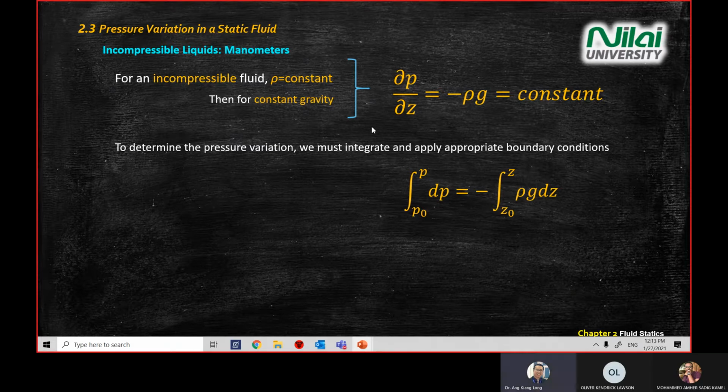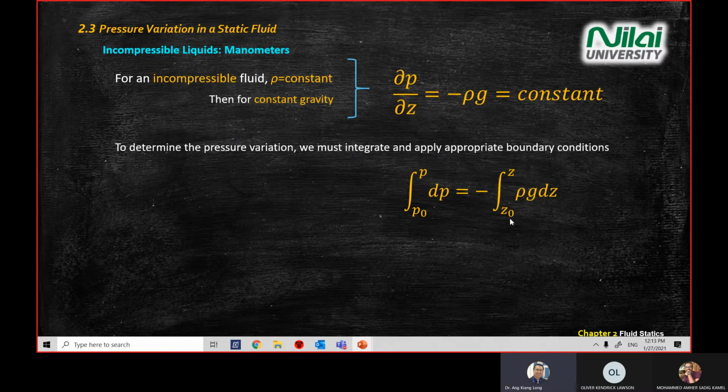We integrate from P0, the reference pressure, to another pressure at another point.